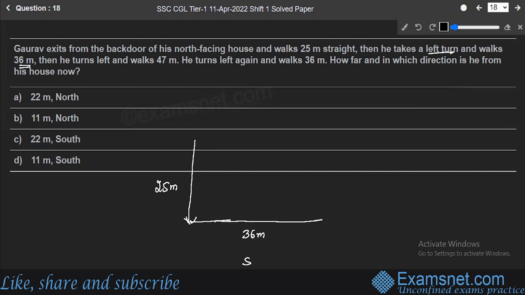Then he takes a left turn again, and now he walks 47. What is the left? He'll move in this direction. Right? Now, this time he is moving 47. Correct? He takes a left turn again. That means he's moving this way again. And again, he is moving 36 meters.